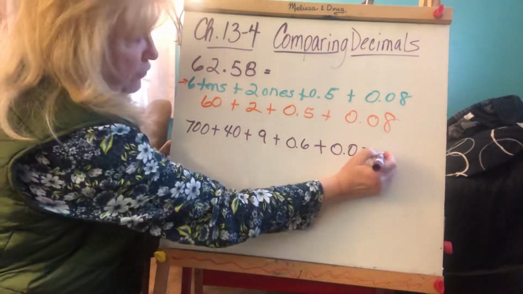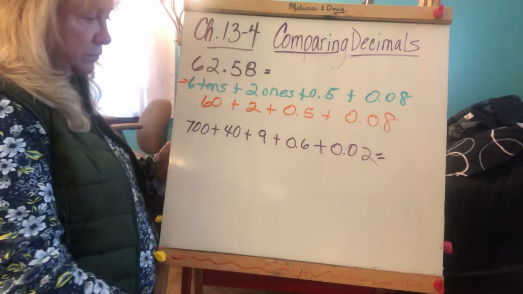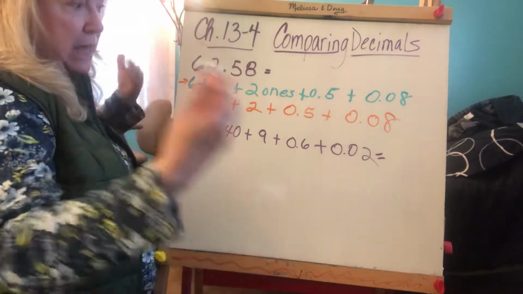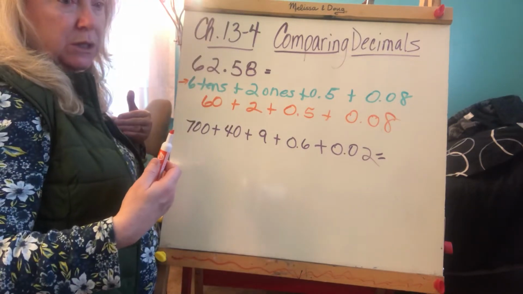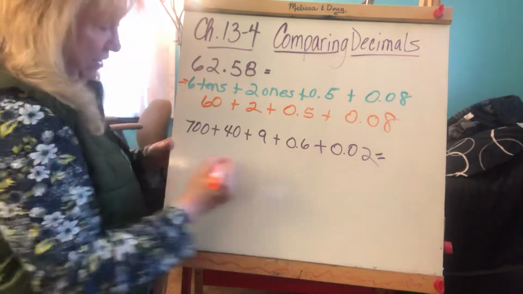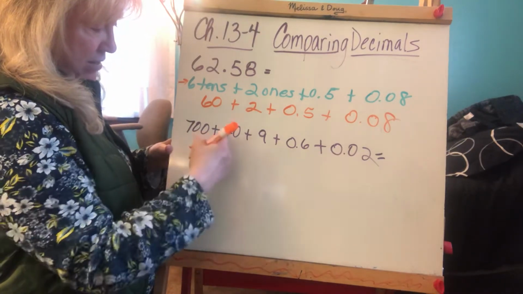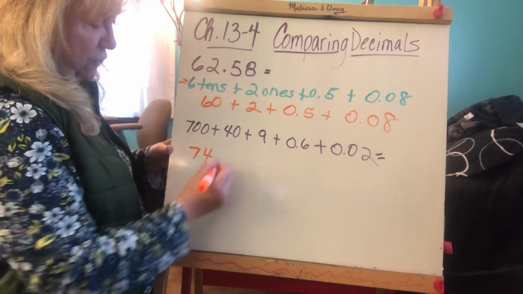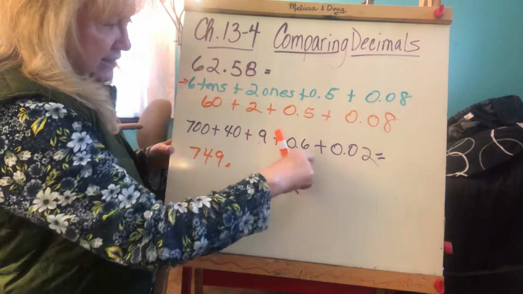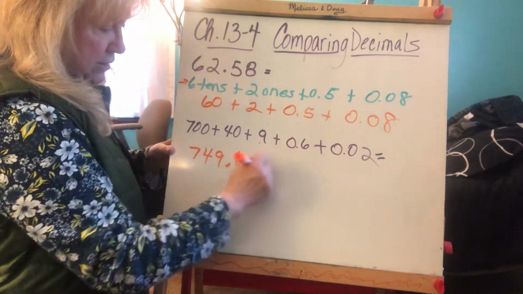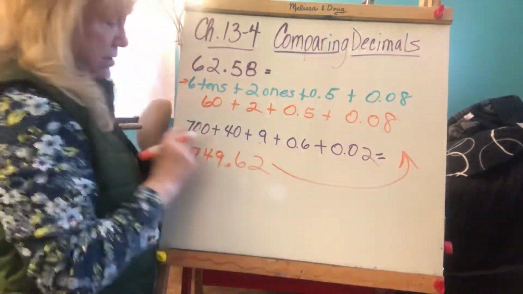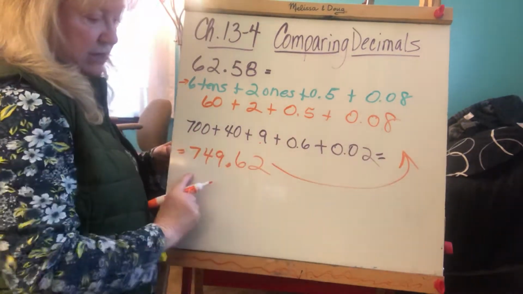And we could convert that from expanded form to standard form. So we would just write the first of each of these: 7 in the hundreds, 49, 749, and 6 and 2. So this is the expanded form here, and this is standard form.